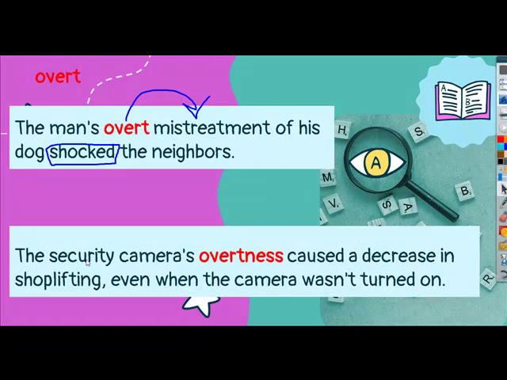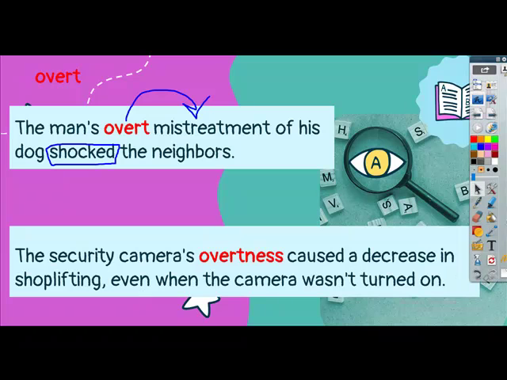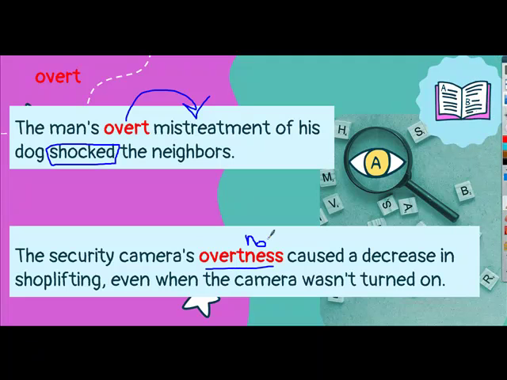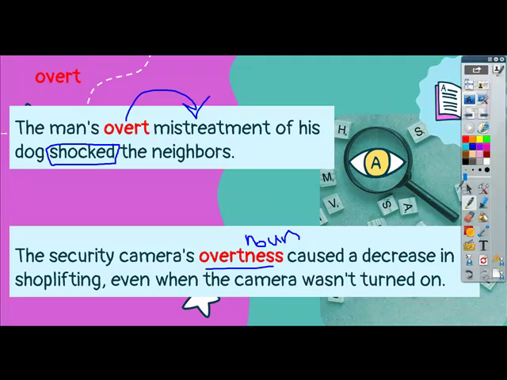The security camera's visibility caused a decrease in shoplifting even when the camera wasn't turned on. So here, the camera's presence caused a decrease in that.